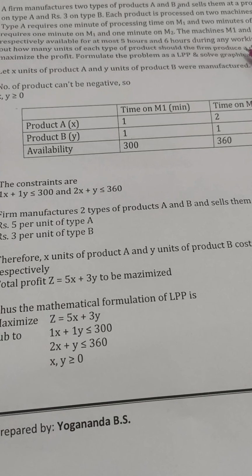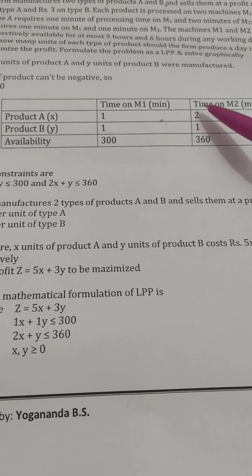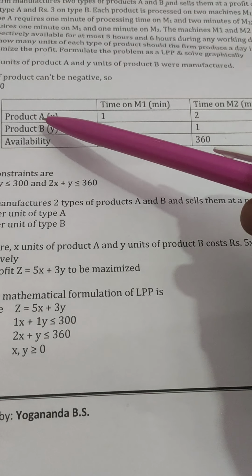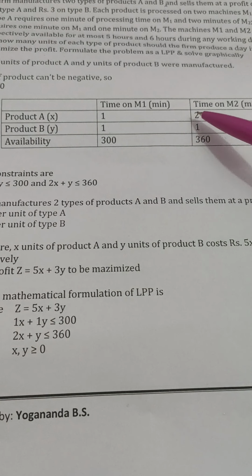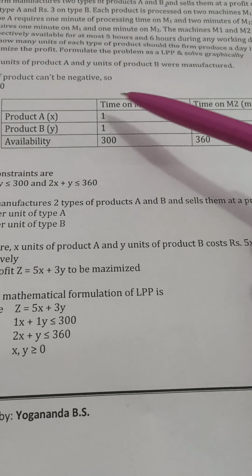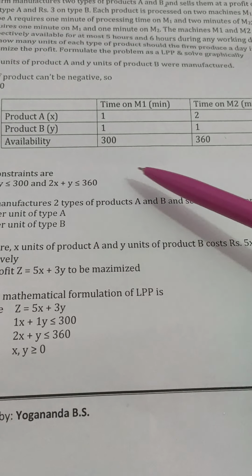Similarly on machine 2, whether I produce product A or product B, the number of minutes available on machine 2 is only 360 minutes. If I produce 1 unit of product A, the time spent is 2 minutes, so from product A the total time spent is 2 into x, that is 2x.